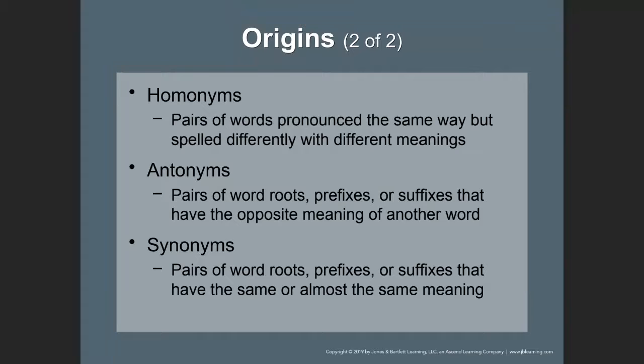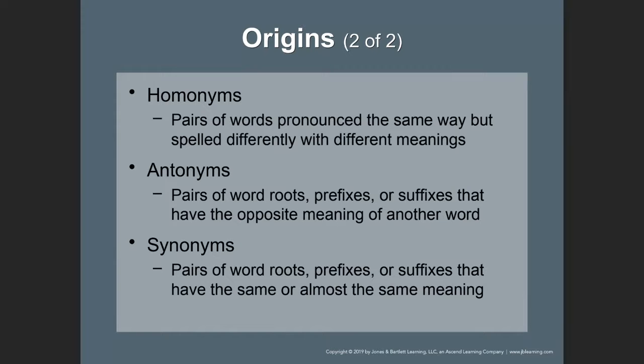Homonyms are pairs of words pronounced the same way but spelled differently with different meanings. So you have dysphagia and dysphasia, both are pronounced the same, but the spelling at the end is different. Antonyms are pairs of word roots, prefixes or suffixes that have opposite meaning of another word.